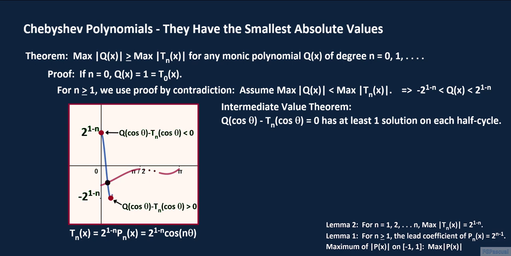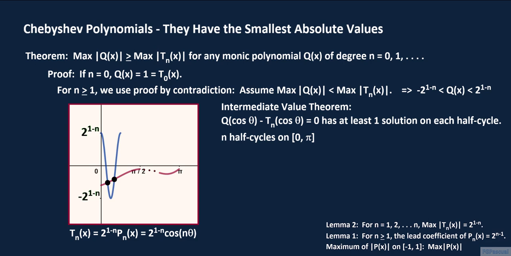This is also true for the rest of the n half cycles of t sub n, so that q of cosine theta minus t sub n of cosine theta equals 0 must have at least n distinct theta solutions on the interval from 0 to pi.